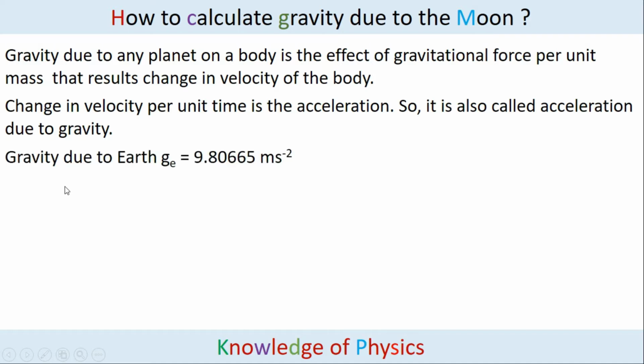Gravity due to Earth is equal to 9.80665 meter per second square.